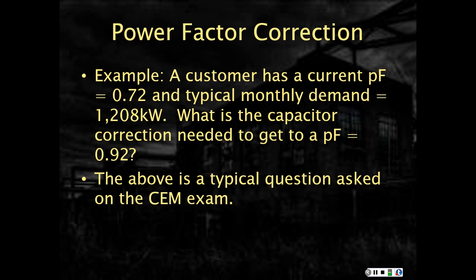What's the capacitor correction needed to get the power factor up to 0.92? What the customer really wants is to add capacitors to his system to correct that 0.72 up to 0.92, so he basically goes from a penalty phase into a bonus phase. The above is a typical question asked on the CEM exam, the Certified Energy Manager exam.